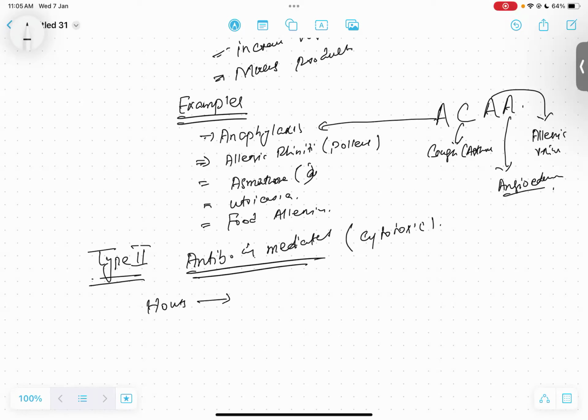Its onset is hours to days, and its mechanism is that IgG and IgM antibodies will attach to the cell surface.